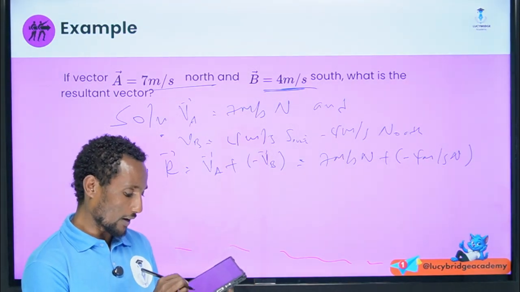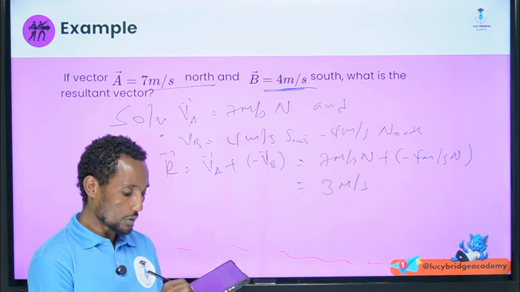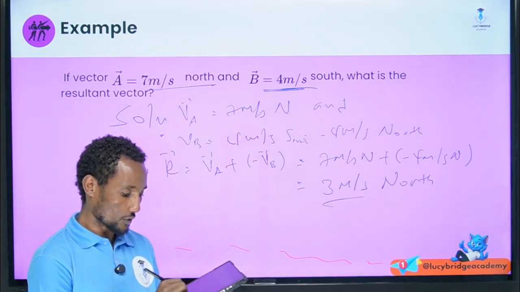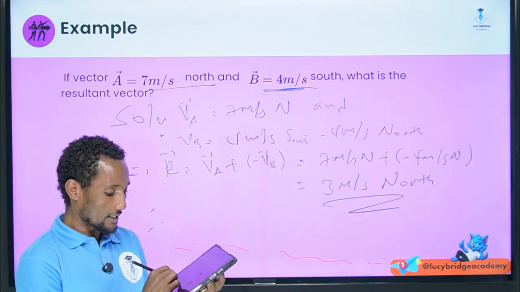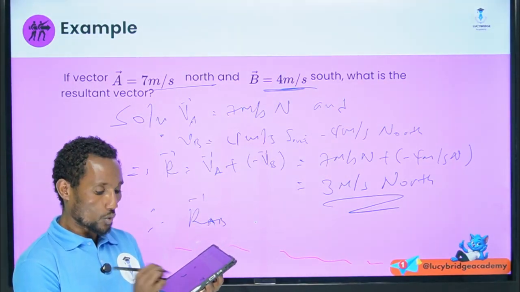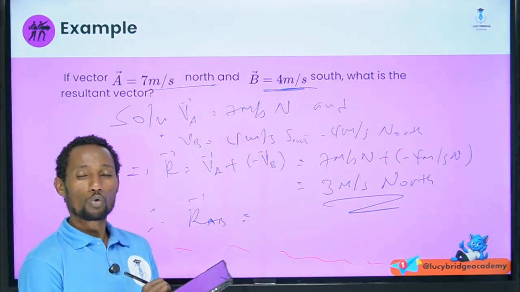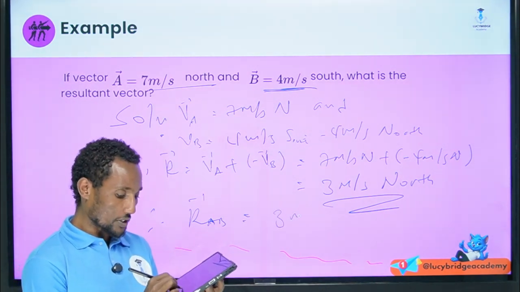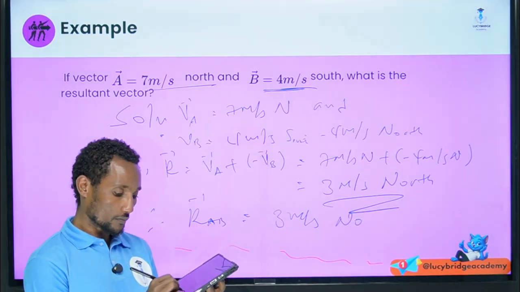In such a way, we have 3 meters per second to north. So the resultant of the velocities A and B equals 3 meters per second to the north.